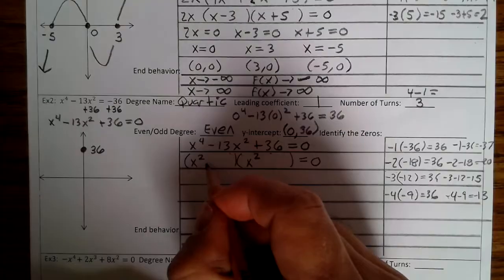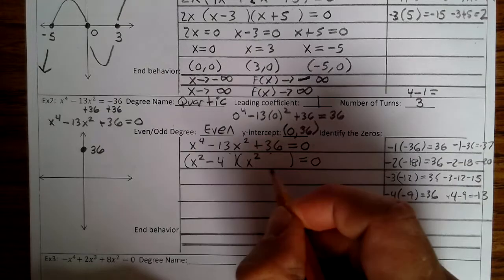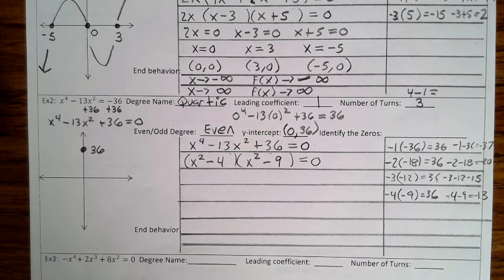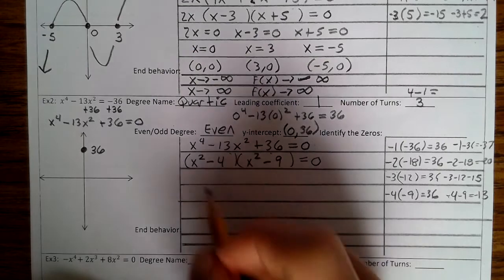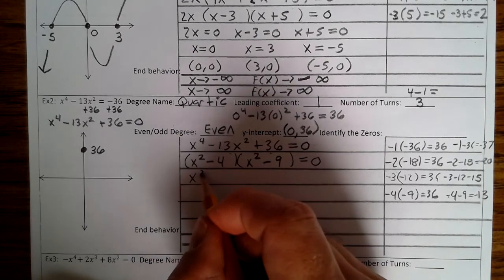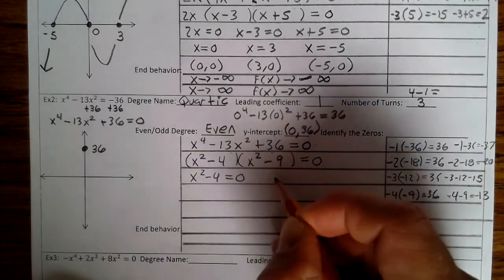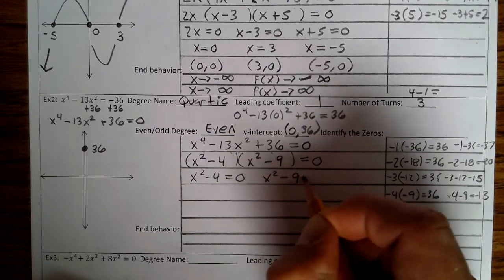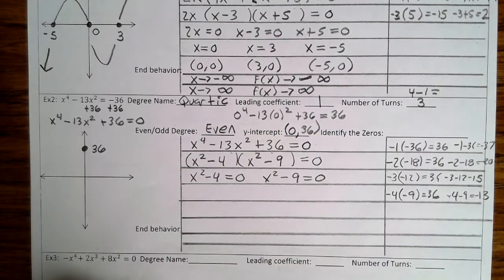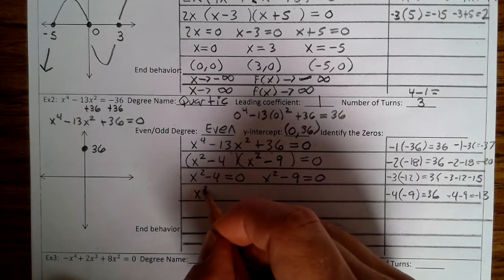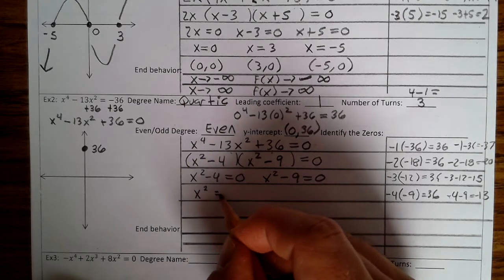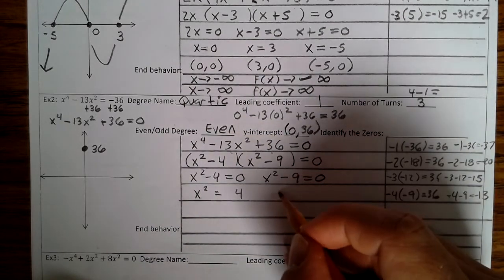Okay? So now we said x squared minus 4 equal to 0, x squared minus 9 equal to 0. Add 4 to both sides, so x squared equals 4. Add 9 to both sides, x squared equals 9. Now we're going to take the square root of both sides.